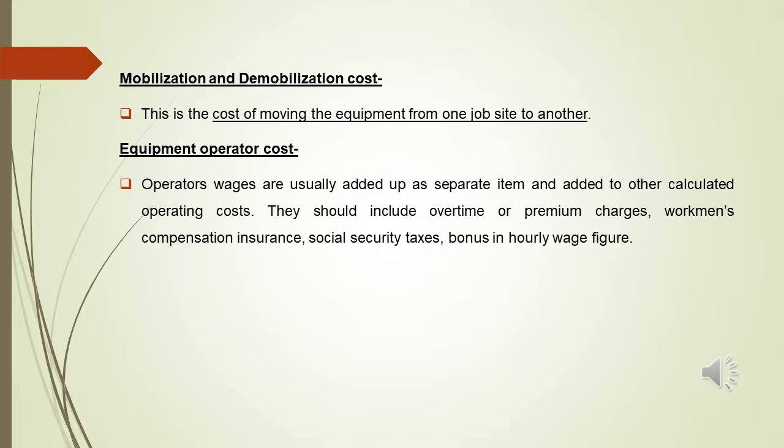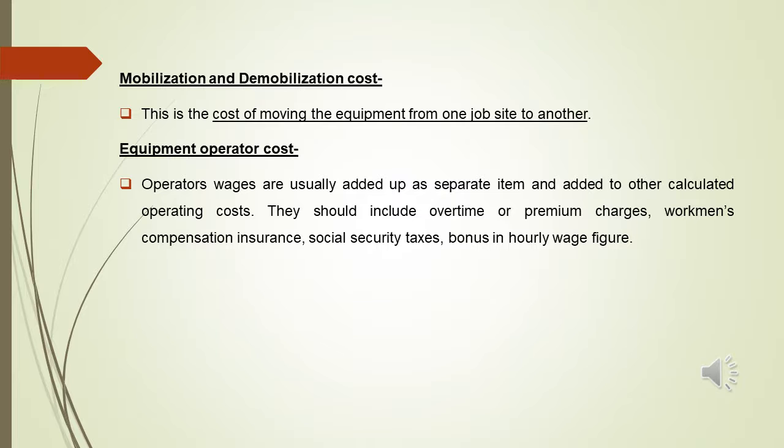Next, the last cost is equipment operator cost. This is the cost of the one who is operating. Operator wages are usually added up as a separate item and added to other calculated operating costs. They should include overtime or premium charges, workmen's compensation insurance, social security taxes, and bonus in the hourly wage figure.